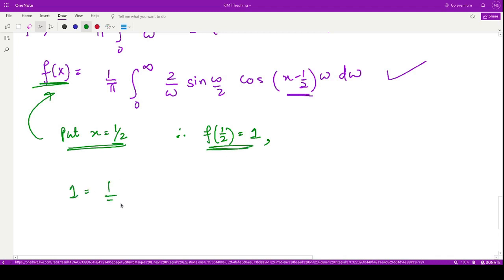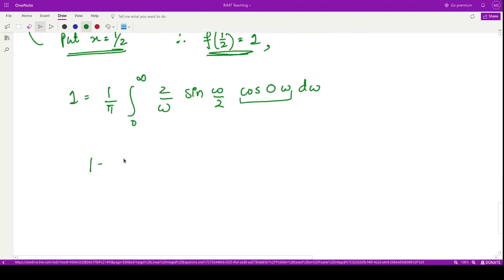So this would be 1 by pi integration from 0 to infinity 2 by omega as such, sine omega by 2 as such, and then this would become cos of (1 by 2 minus 1 by 2), so this would be 0, into omega into d omega. So now this term is equal to 1. So we have 1 is equal to 1 by pi integration 0 to infinity 2 upon omega sine omega by 2 d omega.